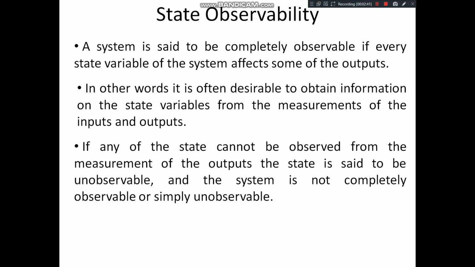All the states must be observed through the measurement of the output. That means the output equations should have all the state variables relating to one or other output variables.